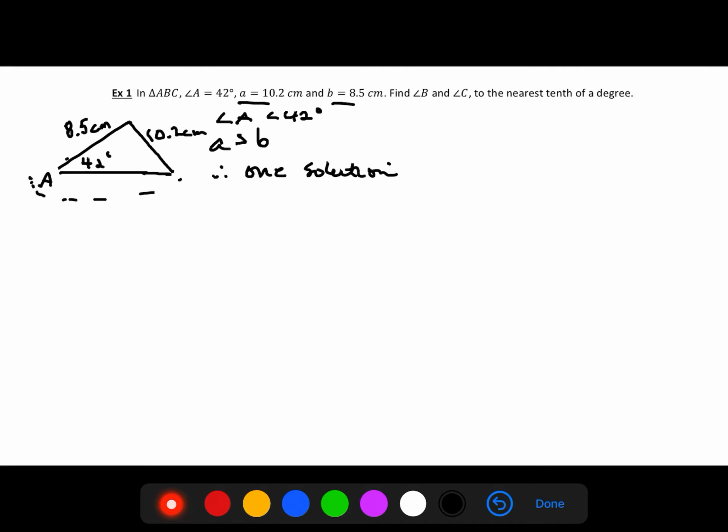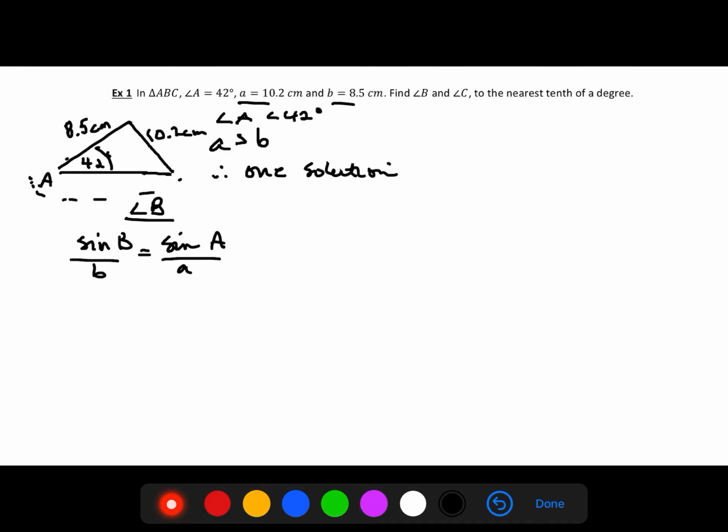Right away, we know that this side is longer than this side, so it can't swing over. If we were to swing this over, it meets up way over here, which doesn't create another triangle with that 42-degree angle.